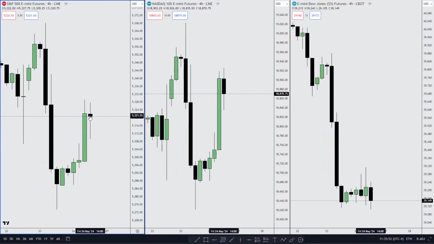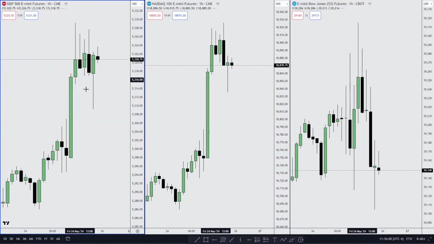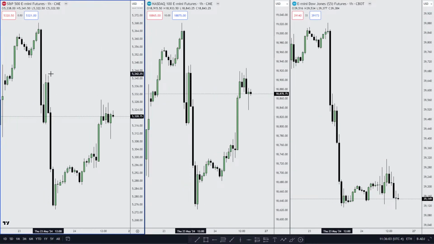On the 4 hour chart, we have this rejection block here and this high here. It looks like NQ is going to take out this high, and ES is probably not going to take out this high. So this is also another example of SMT if it ever happens.